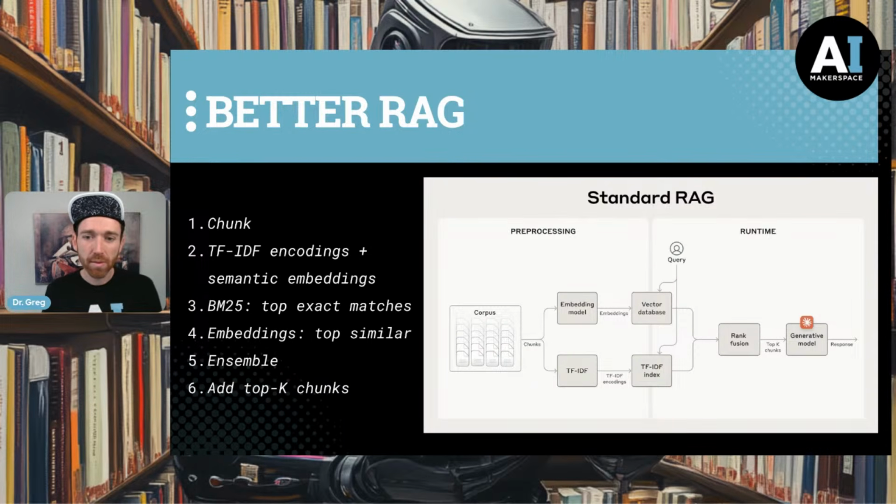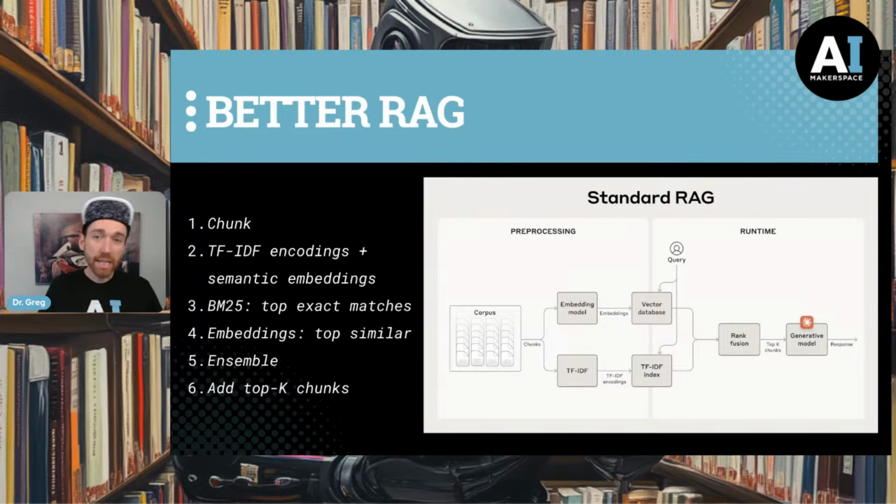Then we can use both the vector DB and this index from our query to get both results, which can be combined using a reciprocal rank fusion.